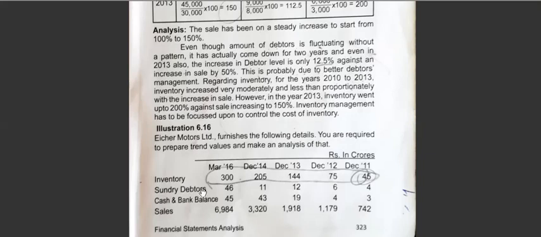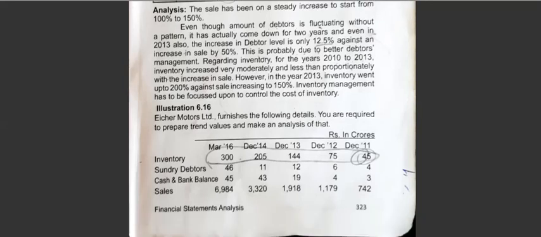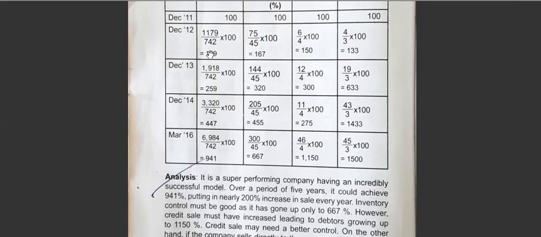Like that you calculate for sundry debtors also. Here 6 divided by 4 into 100, 12 divided by 4 into 100, 11 divided by 4 into 100, 46 divided by 4 into 100.